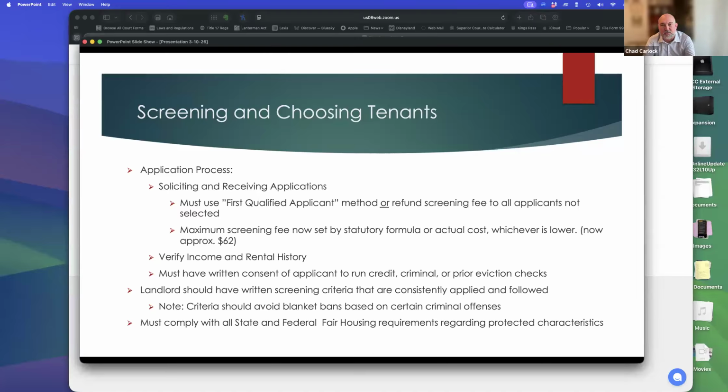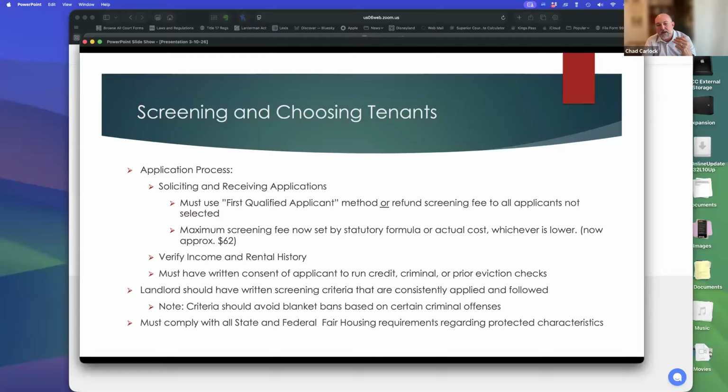Now, your actual cost would be things that you have to pay for in terms of actually obtaining credit reports, for example, or running background checks, any of those sorts of things. If you do that as part of your process, you can build those costs into your screening fee. So you're reimbursed for that, as long as the total of that is not over the maximum that is set by the statute, because you have to use the lower of the two standards.